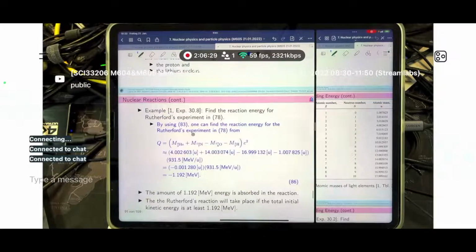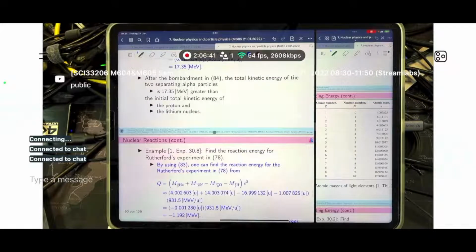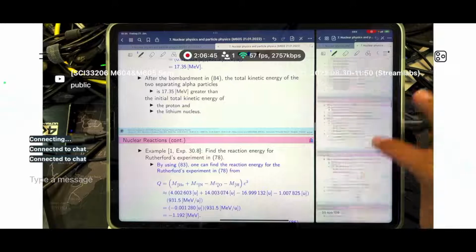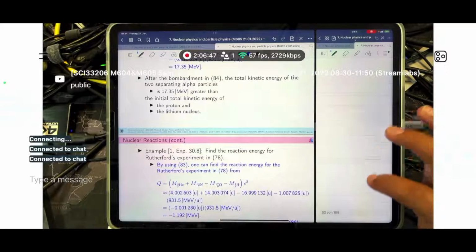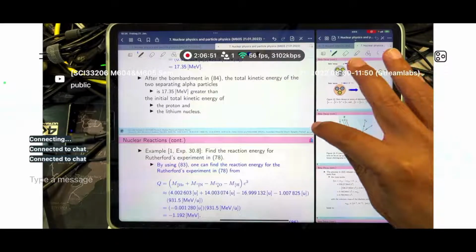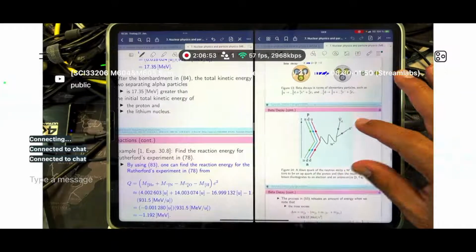And now we move to another type of reaction process, the process by Rutherford, right? Rutherford is the person who considered the nuclear reaction process.